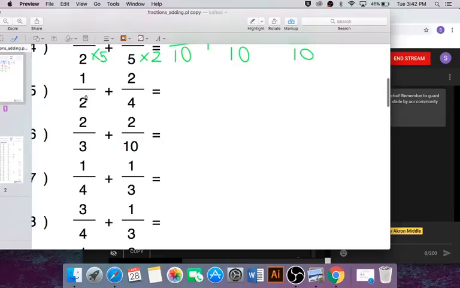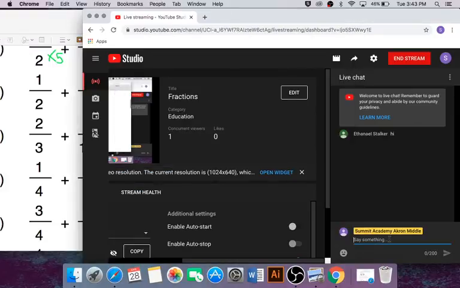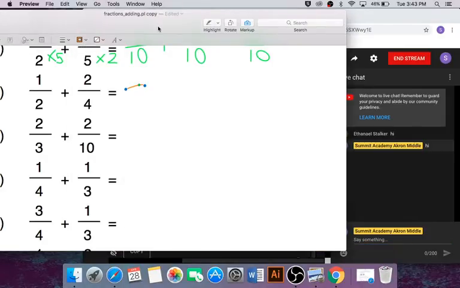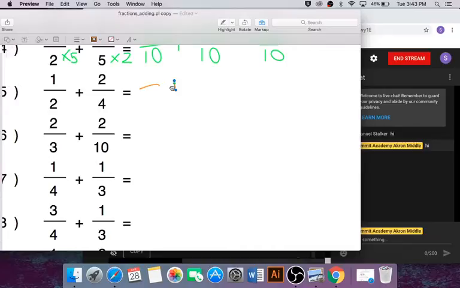Okay, we have 1 over 2 plus 2 over 4. So we need to figure out what number goes into both 2 and 4 equally. So that's going to be 4. So 2 times 2 is 4.